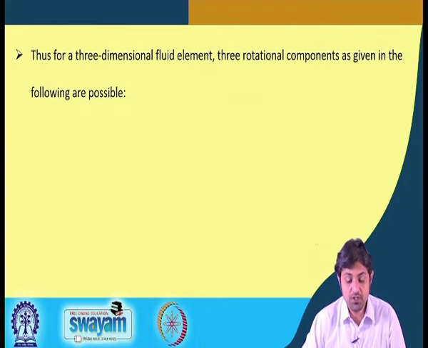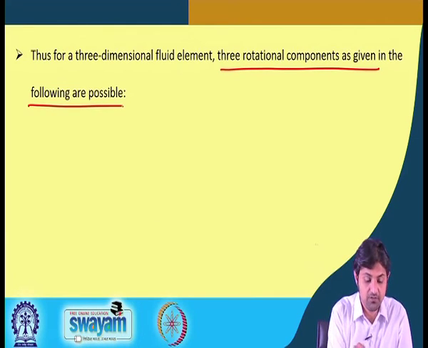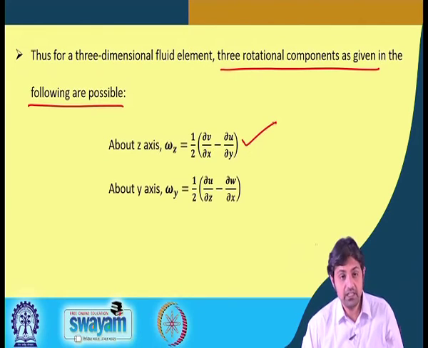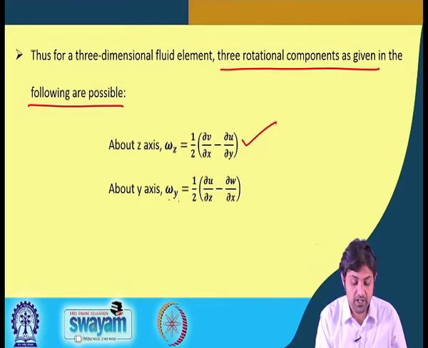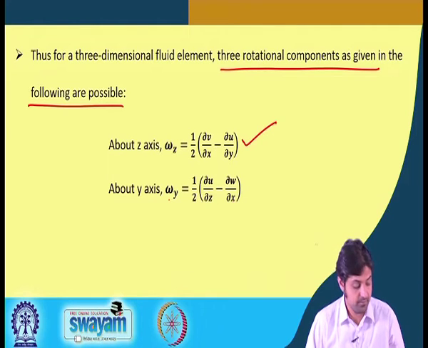Thus, for a 3-dimensional fluid element, 3 rotational components as given following are possible. About z axis, the rotation is given as half of del v by del x minus del u by del y. Similarly, about y axis, its rotation is given as omega y, it's half of del u by del z minus del w by del x.